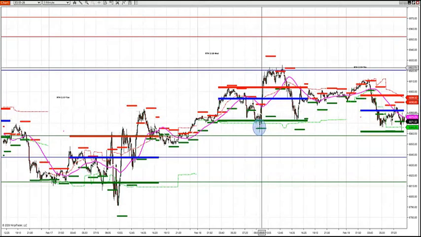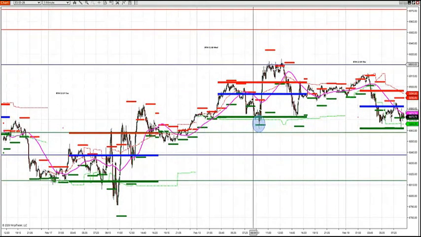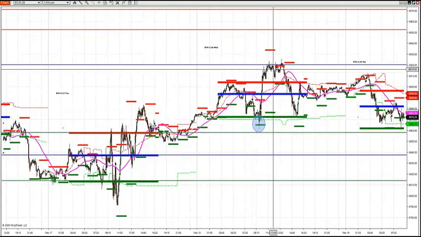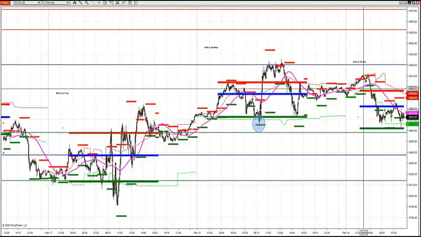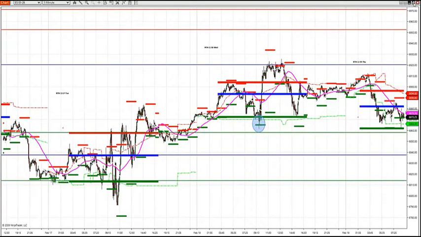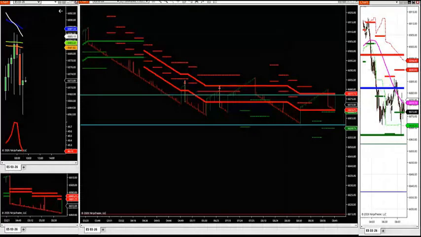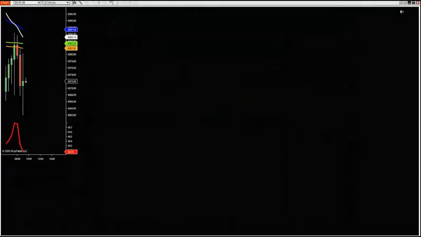Actually, I had it the day before, on Monday or Sunday night. It went right to it, then crashed down. So we use market profile to dictate where our fair value levels are, where the market tries to get to, which I'll go over in the daily plan in a second. So in summation, we use this chart to guide us.